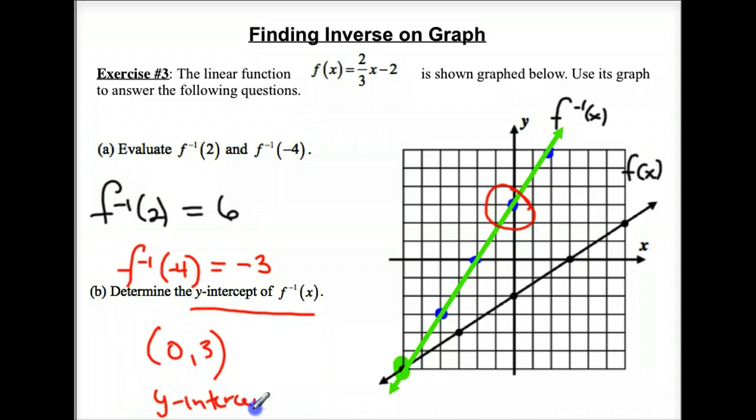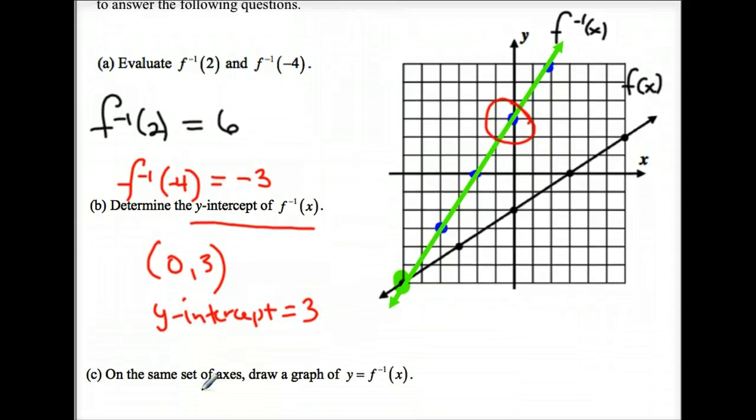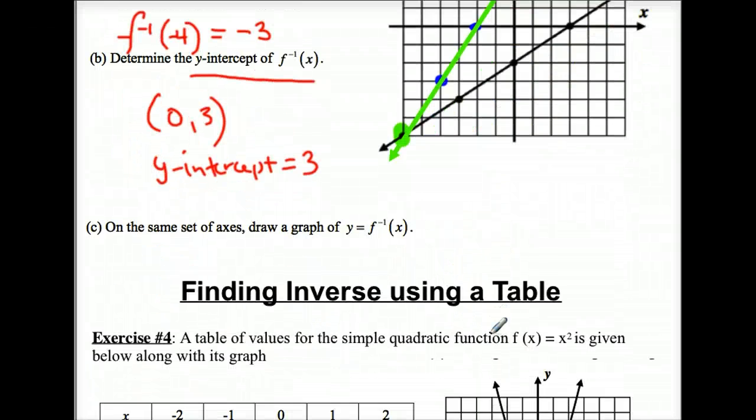Notice this was in our f of x function. This was my x-intercept. So when I do the inverse, it becomes my y-intercept because this coordinate and this coordinate are inverses of each other. On the set of axes below, graph f inverse of x, which we did in green.